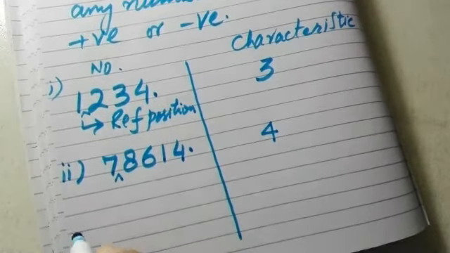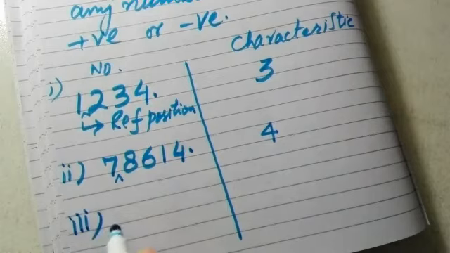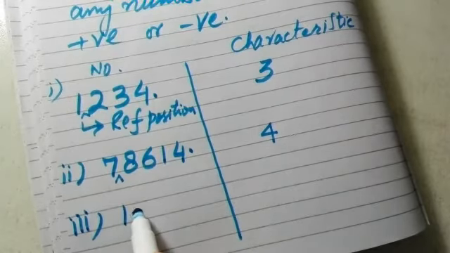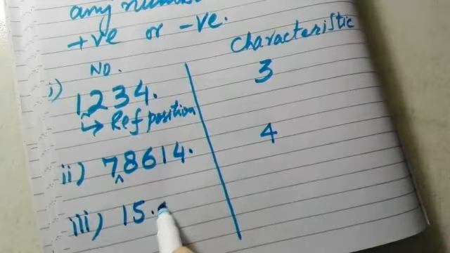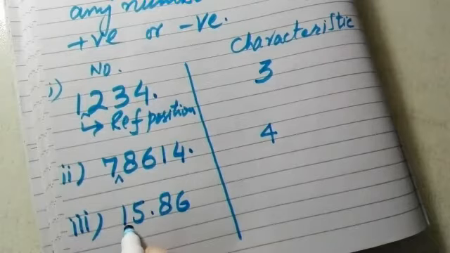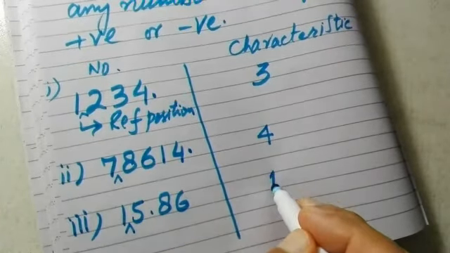Few more examples just to explain how to find characteristics. Let's suppose we have 15.86. As explained earlier, first of all, you will place the cap sign. How many digits are there between the cap sign and the decimal sign? There is only one. So you would write the characteristic will be 1.